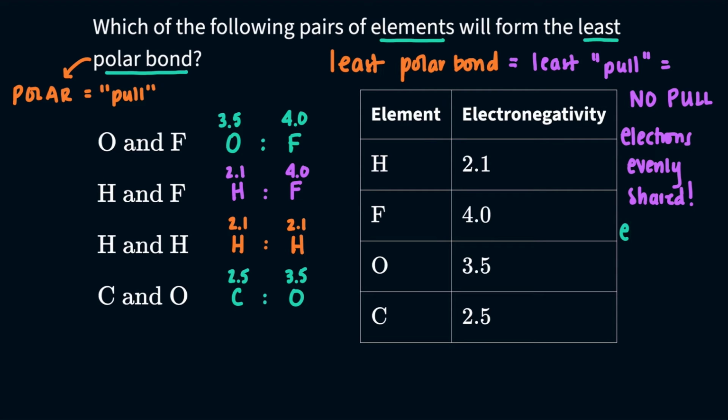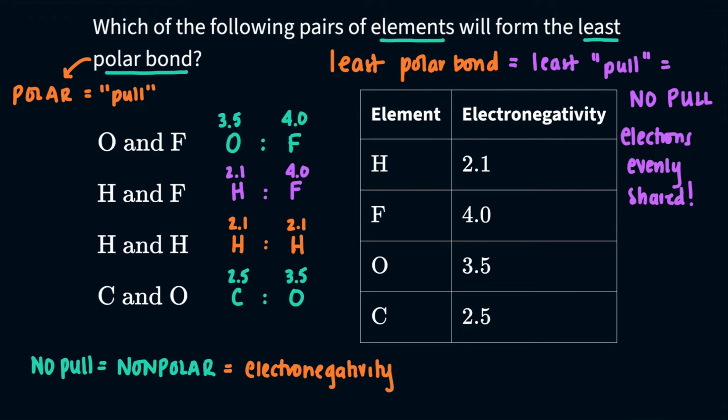We'll say no pull means non-polar. Anytime you see polar, you think of pull, that greediness. No pull means non-polar. The electronegativity difference is basically none. Difference just means you're going to be subtracting the two values.